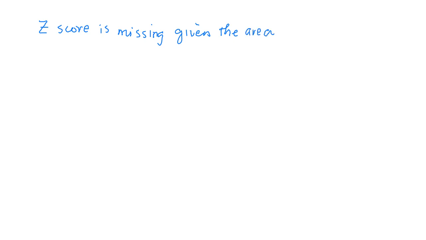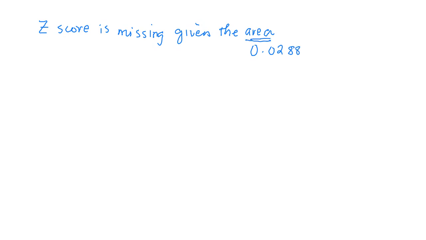So given our scenario, the area is 0.0288. That's the given area. So missing z-score.